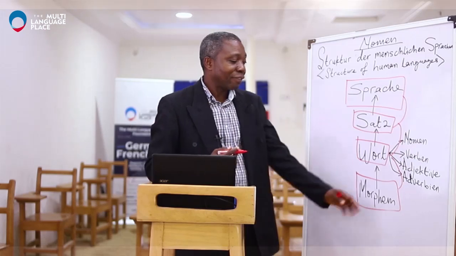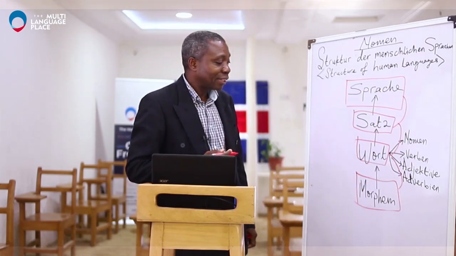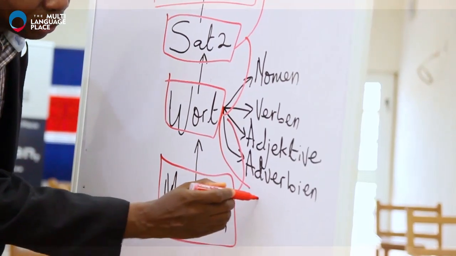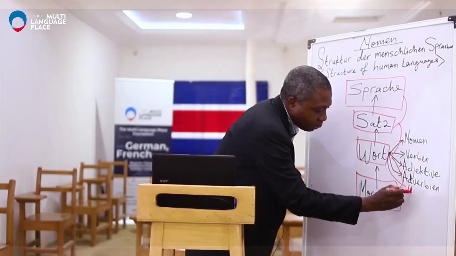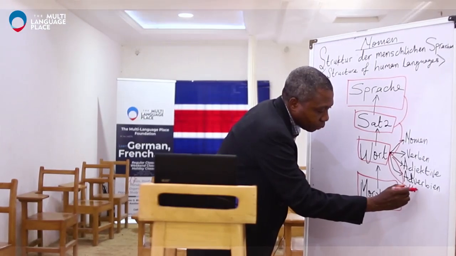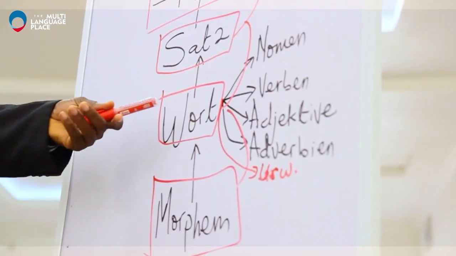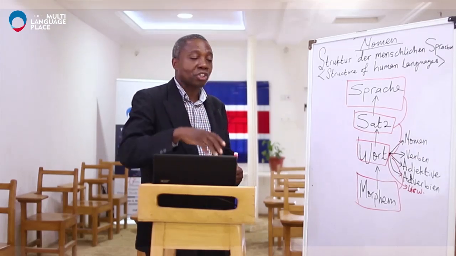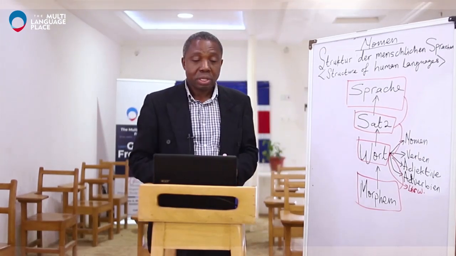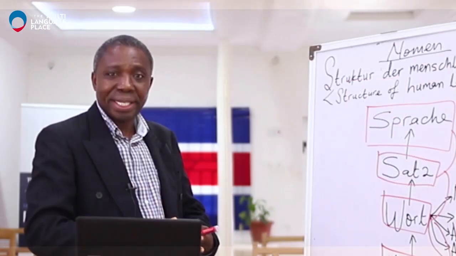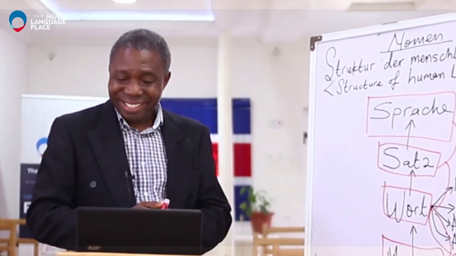Inside a sentence, we have adjectives. And inside a sentence, we have adverbs, and then other elements in the sentence. It's important we see this so that we understand the position of the nouns that we are working on. So we have it here, and it's a component of a sentence.